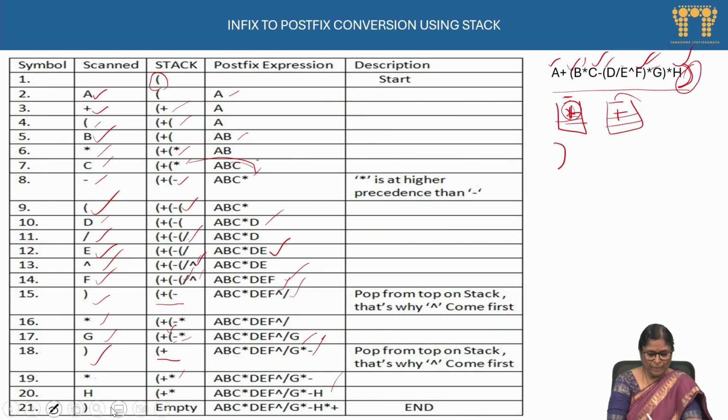So whenever a right parenthesis is encountered, what you have to do is pop from the stack and add it to the expression. So star is added, then plus is added, and only the left parenthesis is left. So right parenthesis encountered means you have to remove all the operators and add them to the expression and remove the left parenthesis also.